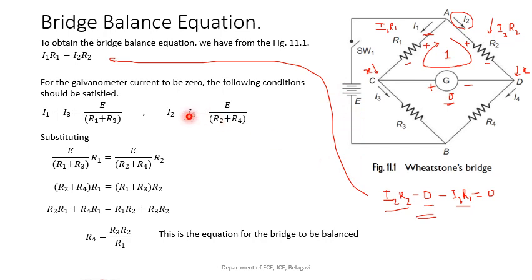Next, since our bridge is balanced and there is no current through the galvanometer, the current I1 is the same current that is going to flow through R3, so I1 is equal to I3. In the same way, my current I2 will flow like this, and the same current is going to flow through R4, which is I4. Why? Because zero current flows through this galvanometer.